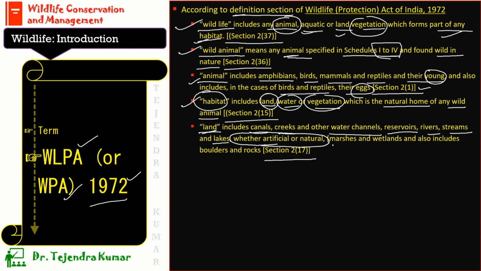So that is why this will be called wild land for those animals. Whether artificial or natural, it includes marshes, wetlands, and also boulders and rocks if they are present there. Even the water channels, reservoirs, rivers, streams, and lakes are all considered land. Land doesn't mean only the terrestrial region; if the terrestrial region includes some water bodies, they will be considered land as well.